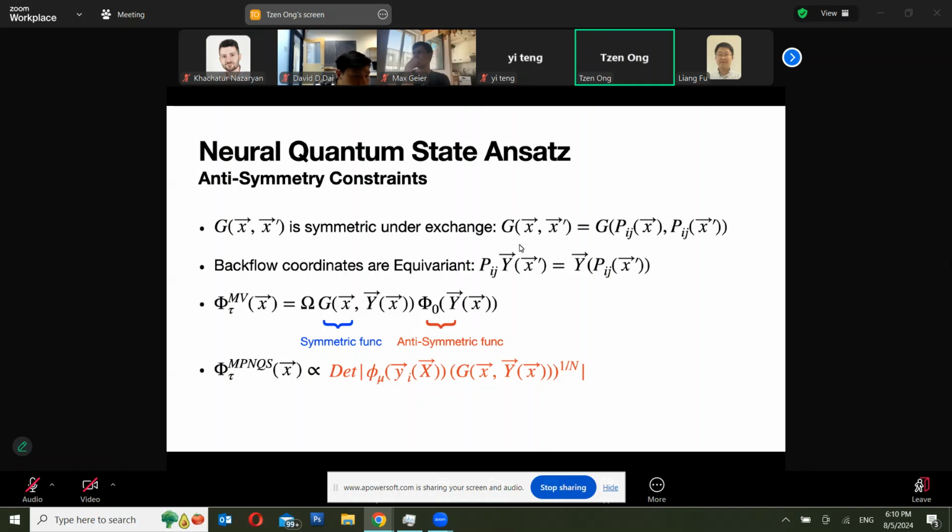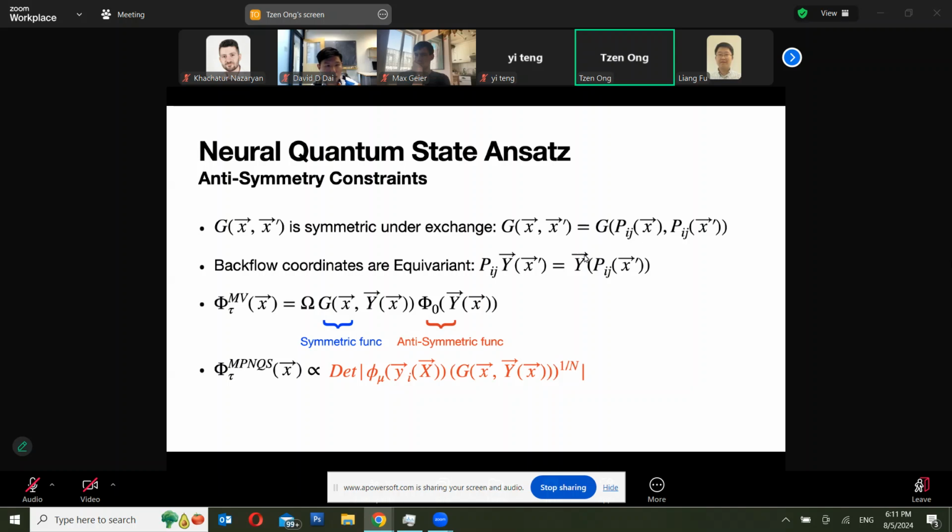So the symmetry constraints of the wave function tell us that we have to be anti-symmetric, but g of x prime is symmetric under exchange. This gives us some constraints on constructing the neural network for the backflow coordinates. So g of x prime has to be symmetric under exchange. Basically, that means the backflow coordinates are equivariant.